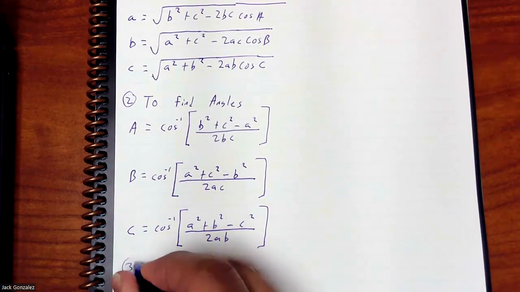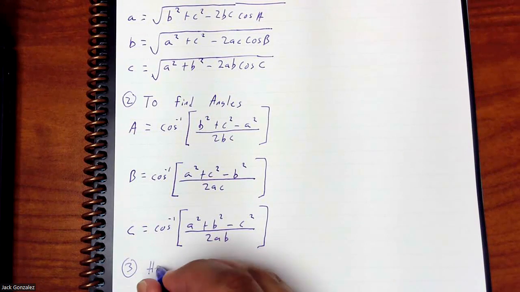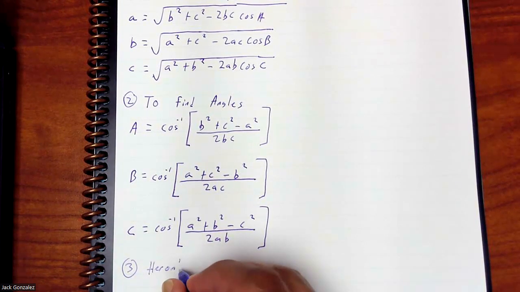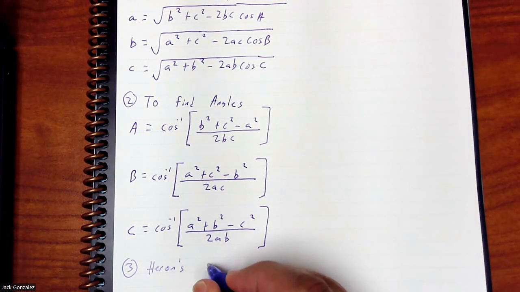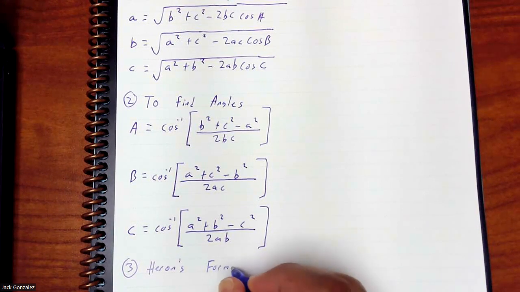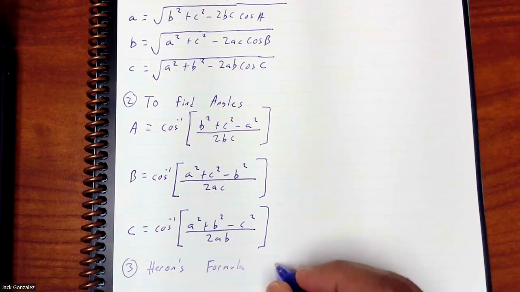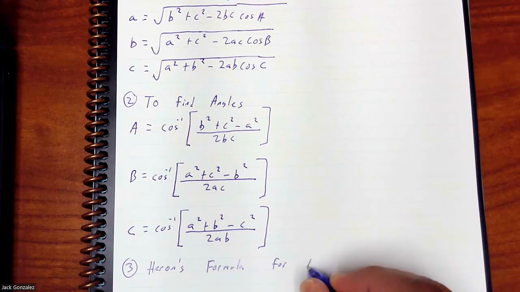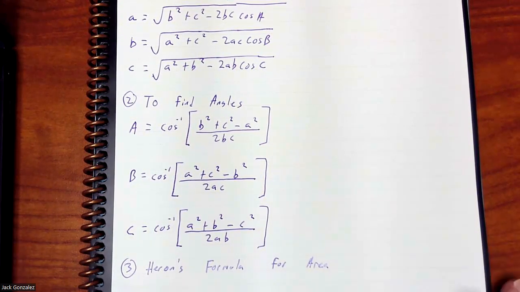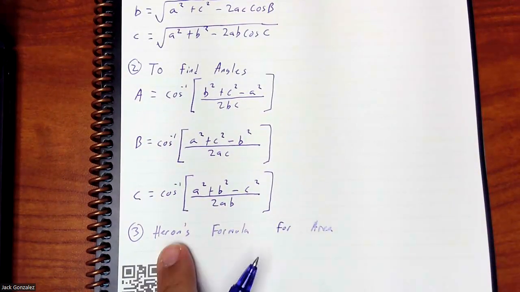Real quick, I'm going to give you one last formula. My pre-cal teacher told me it was pronounced Hero's formula, some Greek guy from a long time ago. It's a formula for area. It's spelled Heron, though.